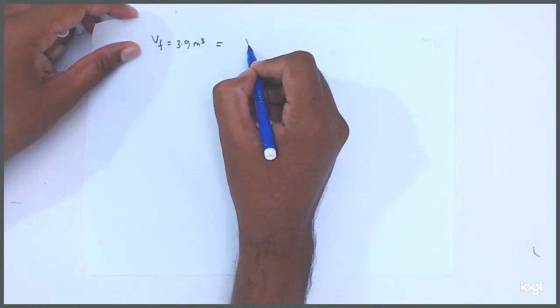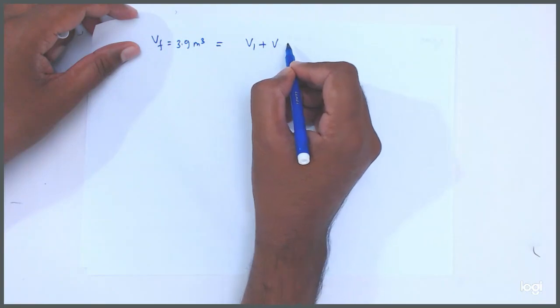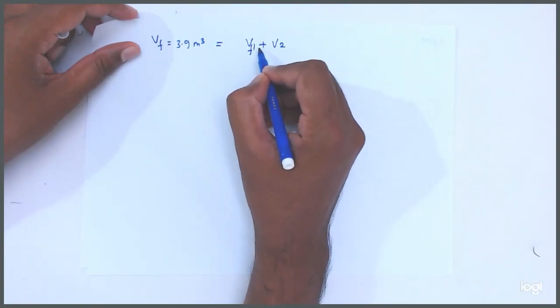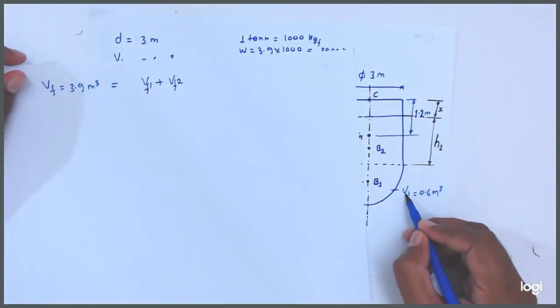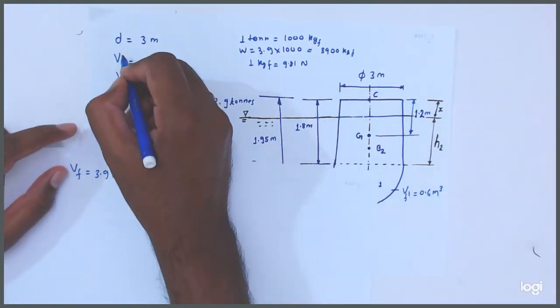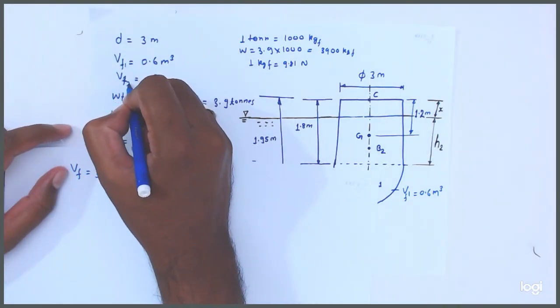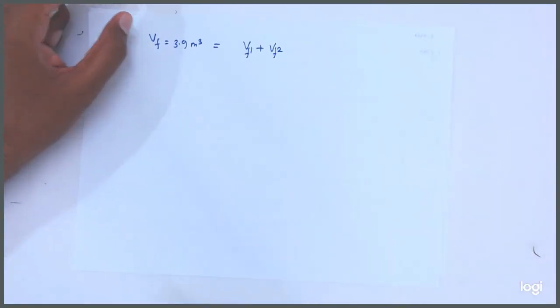It is equal to Vf1 plus Vf2. Here also write Vf1 and Vf2. Okay friends, Vf1 and Vf2.